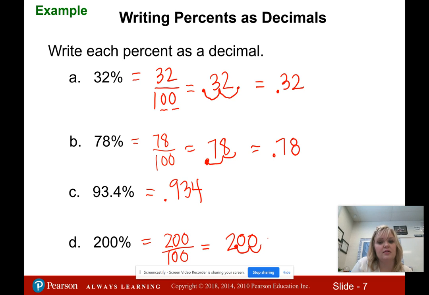So that would be just the number 2, which is the same as 200% because it's actually 2 times that amount. So all you have to do is move 2 places to the left.